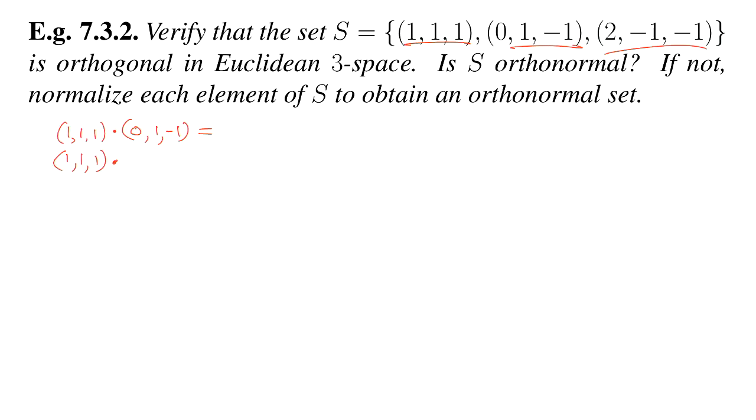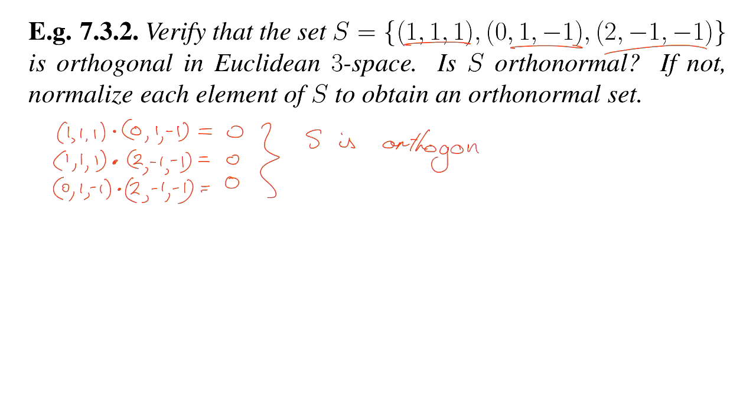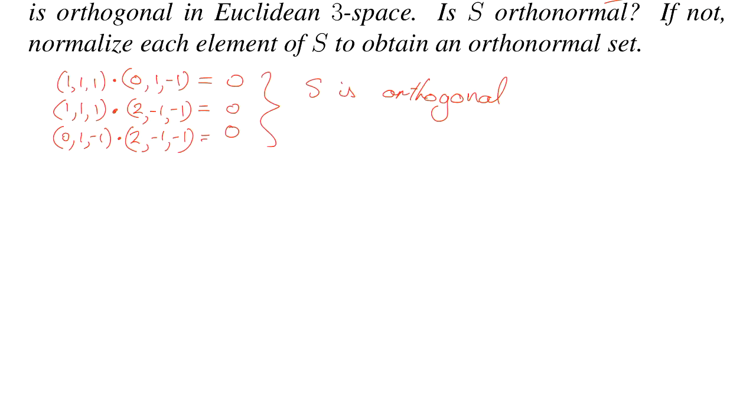We've got 3 things, so there are 3 ways of doing that. If you crunch those out or stare at them, you'll see that they're all 0. So S is orthogonal. That's what we mean when we say S is orthogonal: you take any pair of vectors in that set, take their dot products, you get 0. So every pair is orthogonal.